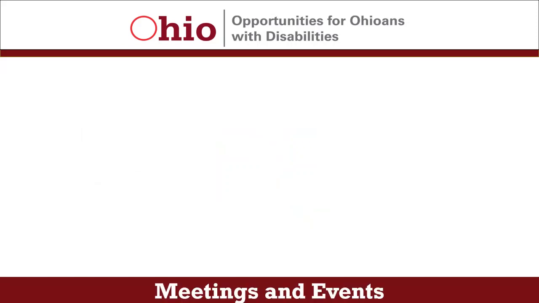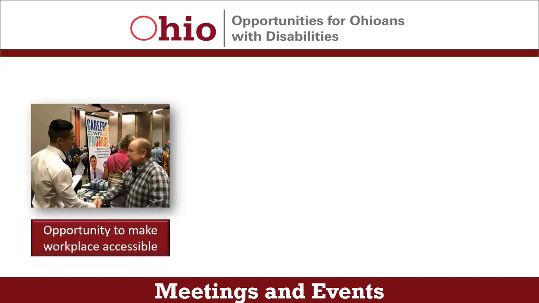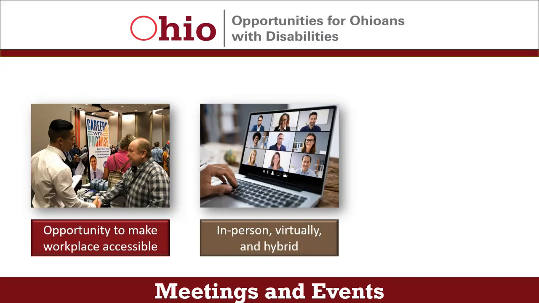Sure, Kelly. We've talked a few times about how everyone has an opportunity to contribute to making the workplace accessible. Meetings and events are popular workplace activities, and they occur in person, virtually, and at times in a hybrid fashion. It can be helpful to inform employees about what they can do to make sure when they create events and meetings, deliver presentations, and facilitate interactive activities, they're doing so in an accessible way.